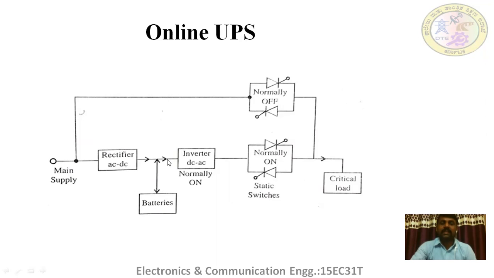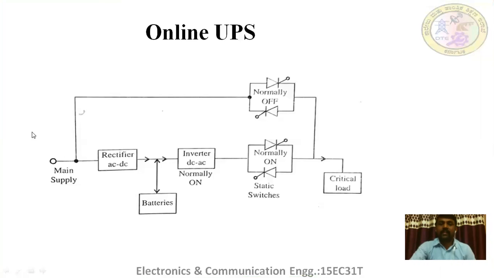Then this DC again converted to AC by using inverter. This inverter supplies the power, that is in the form of AC, to the critical loads. This is when the mains is available.